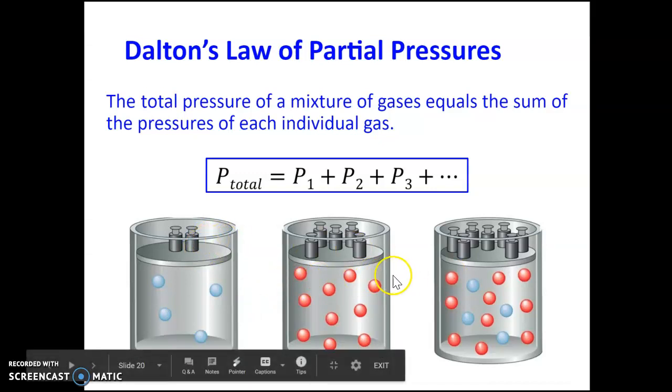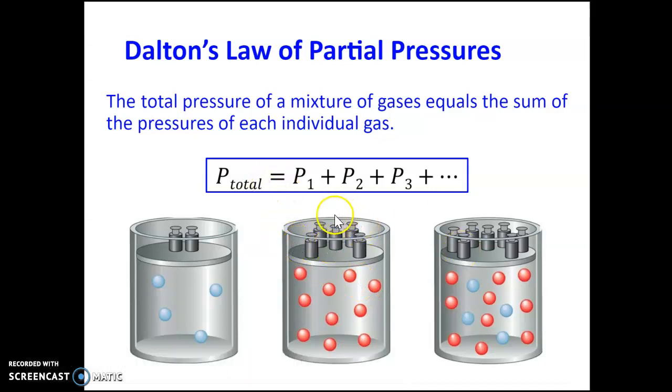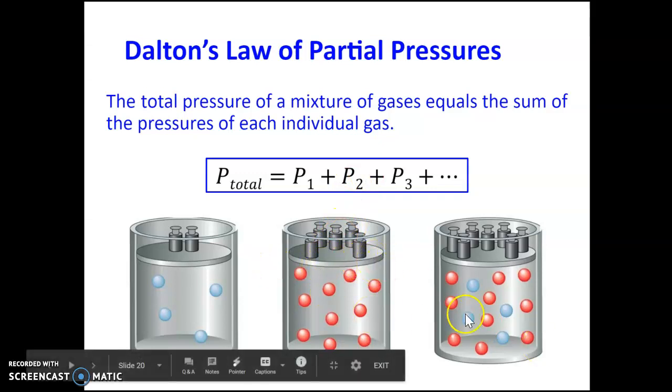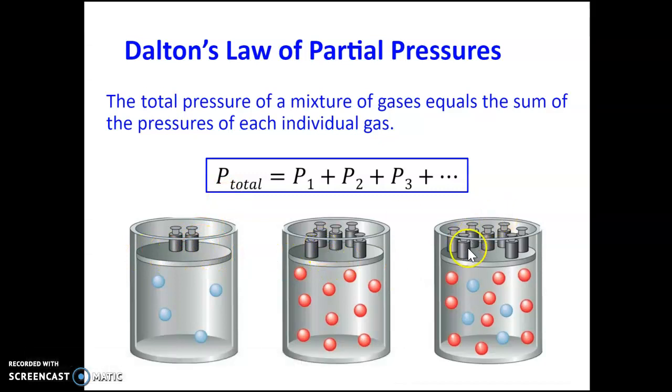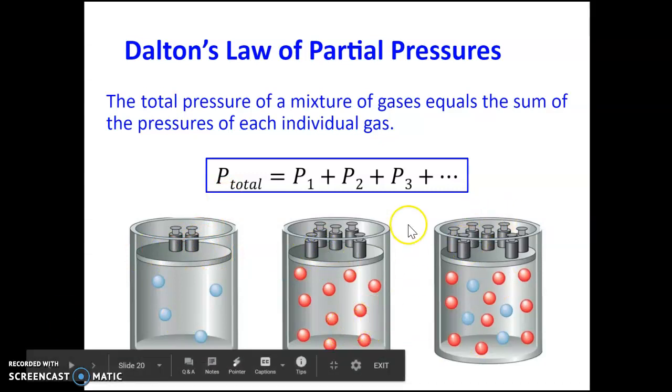And then you have the red molecules, and you have 2, 4, 6, 8, 10 of them, and you need 5 little weights to keep that piston at the right height. If you combine and mix the two gases, then you're going to need 7 little weights to keep the piston at the same volume. So we just added our 2 gases together, and so we had to add our 2 weights together to exert the same pressure and keep it at the same volume.